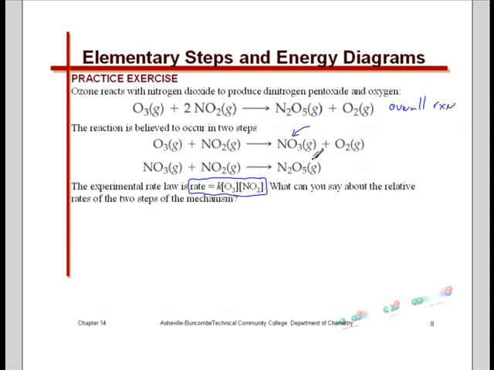So the scientists would know that somewhere along the way there's a step that forms the nitrogen trioxide, and then since it doesn't show up in the final products, there's some step where the nitrogen trioxide is consumed.